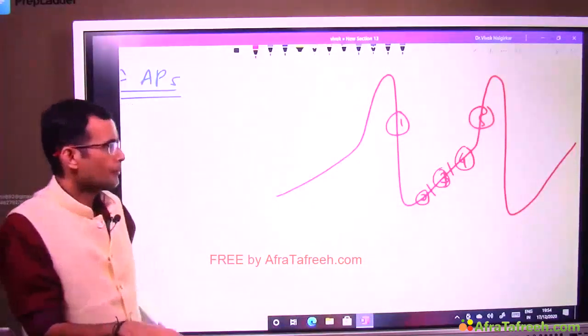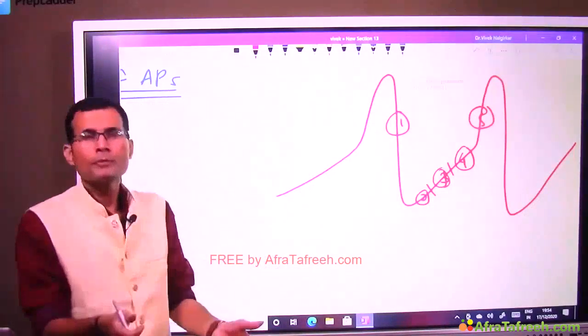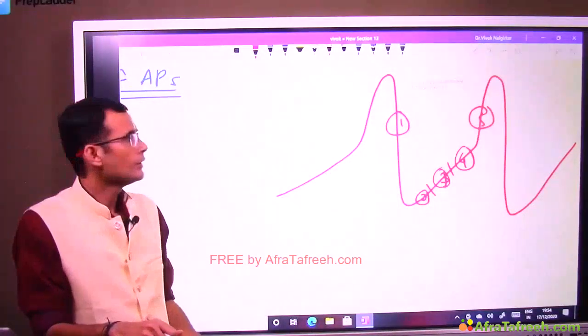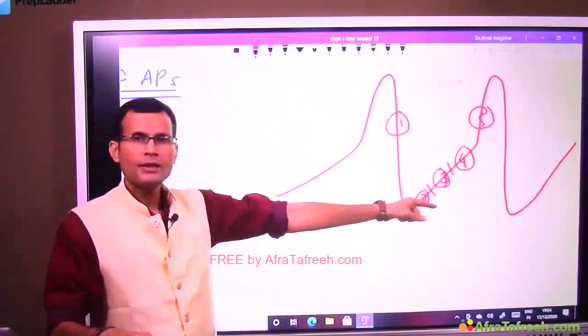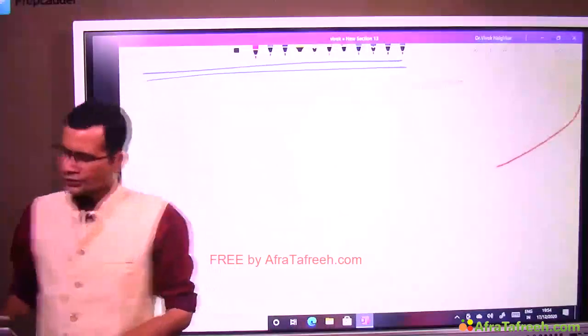That was the question. Fast sodium channels, or rather sodium current, potassium current, calcium T current, calcium L current. So calcium T is the answer for number 4 in the given graph. Such questions can be asked.